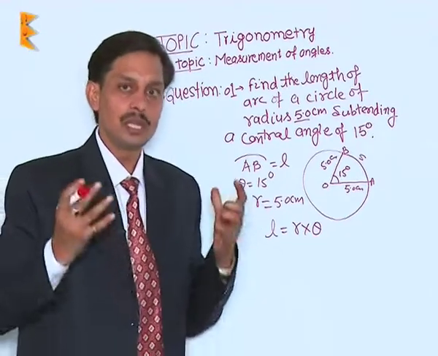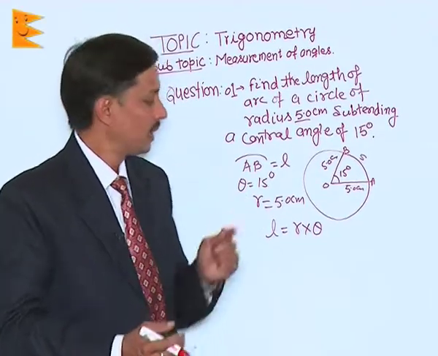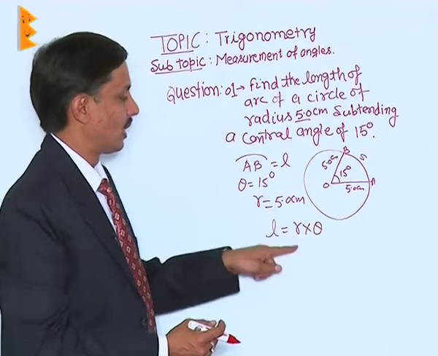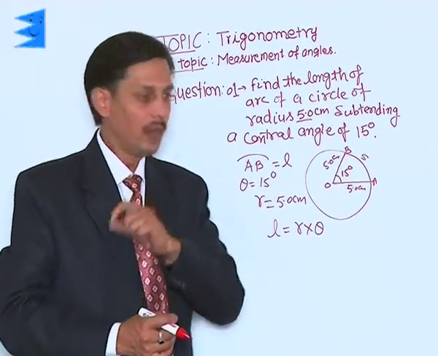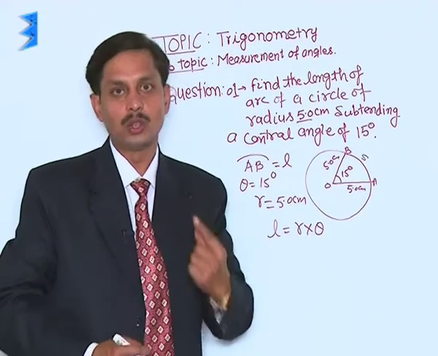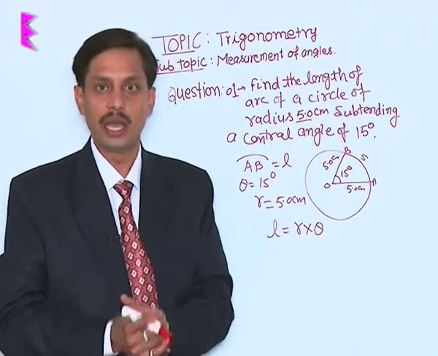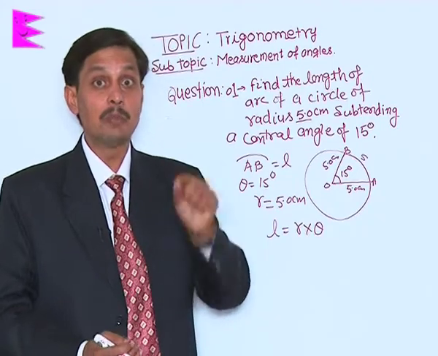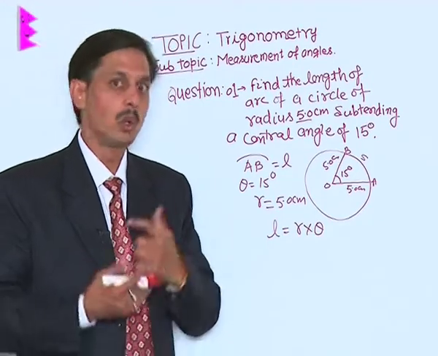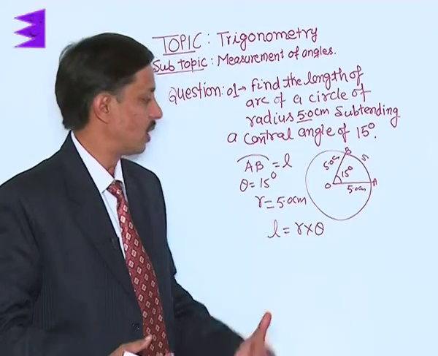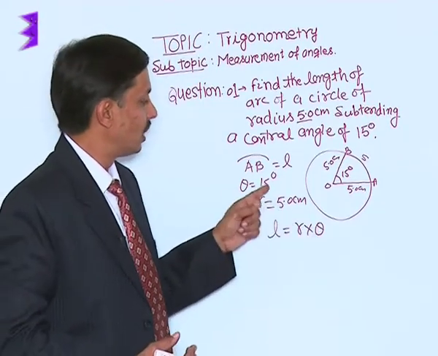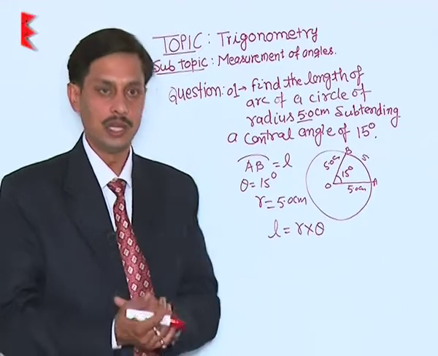Generally the mistake students make is that they apply it like this, 5 into 15. Sorry. If we are using this formula, length of arc is equal to radius into angle, the angle must be in radians. So now the question is how we will convert degree into radians.